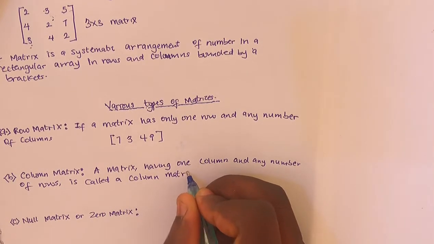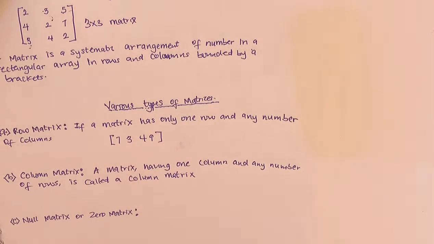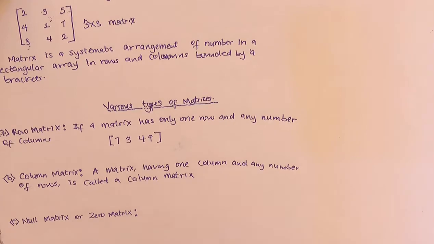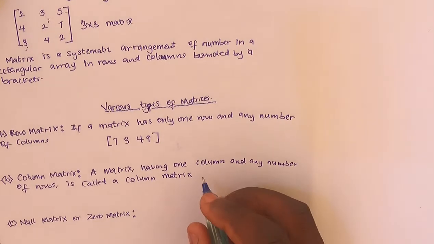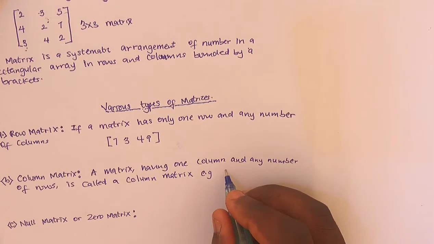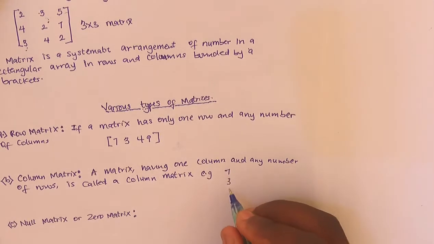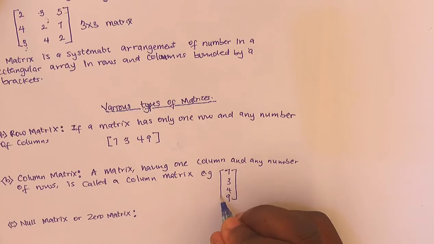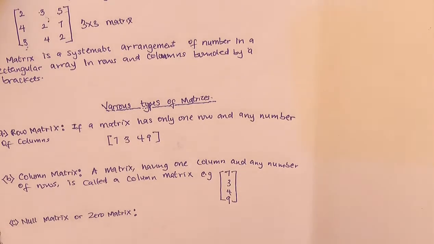So in this case, a matrix having one column and also any number of rows is said to be a column matrix. For example, if you have something like 7, 3, 4, arranged in a column, this is called a column matrix. Can you see it now?